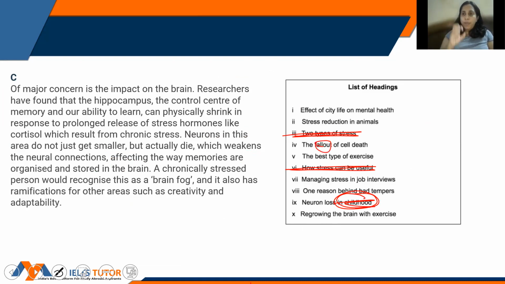Fallout means dropping, shrinking, reducing, physically shrinking. The control center of memory or ability to learn can physically shrink. Neurons in this area just get smaller, fall out, but actually die, which weakens the neural connection. So they're talking about the fallout of cell death. Yes, ma'am, okay, right?